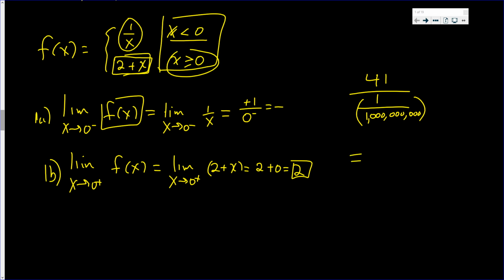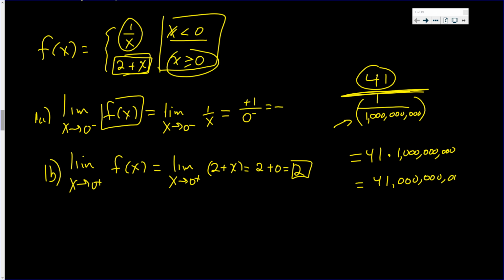The rule for dividing, if one of the two numbers or both of the numbers are fractions, is you keep the top number, you change division to multiplication, and you flip over the bottom number, which is going to be this really big number. And 41 times that big number is one big number.